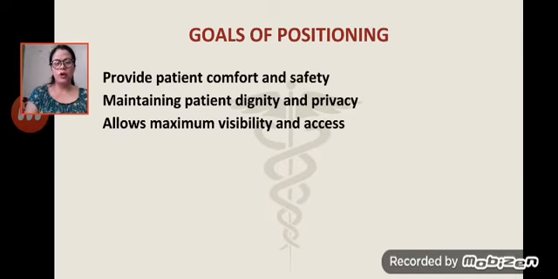The reason why we do certain positions is of course for the attending physician or the examiner to have easy access to the parts that need to be examined or tested.